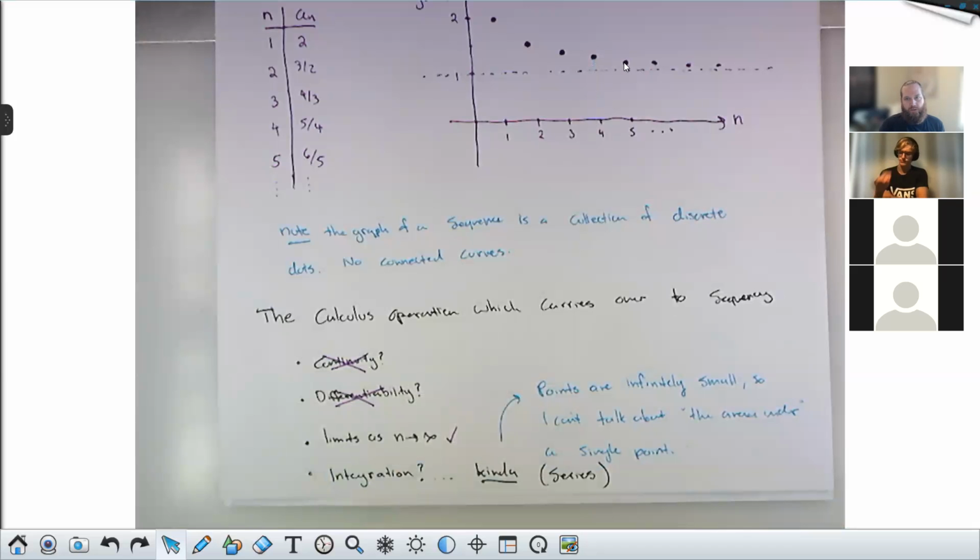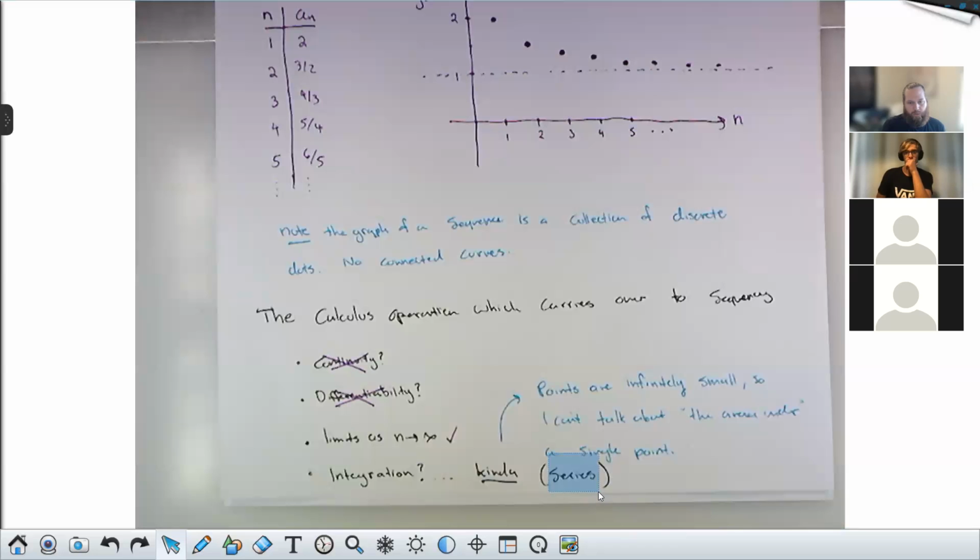But if you imagine that each point defines a rectangle, so I kind of plop a rectangle here, plop a rectangle here, plop a rectangle here, then each of those rectangles will have a height determined by these numbers and a width of 1. And if we start trying to add up the areas of all of those rectangles, that's very much like a type 1 improper integral. We're in some sense integrating the sequence an from 1 all the way out to infinity. That object is called a series.